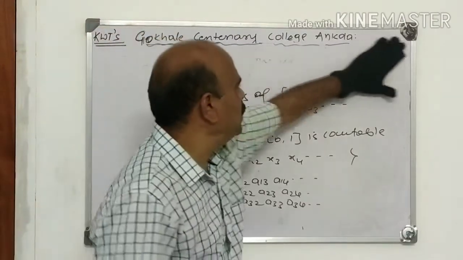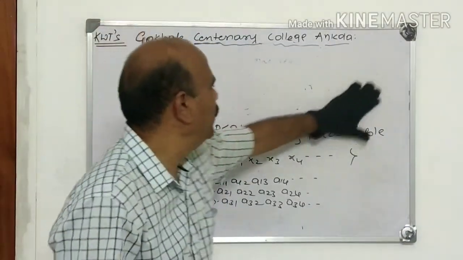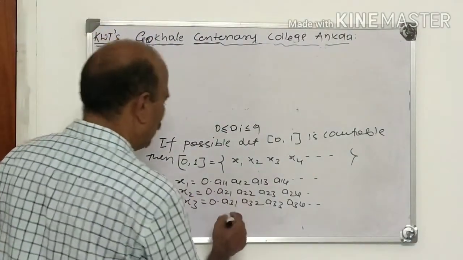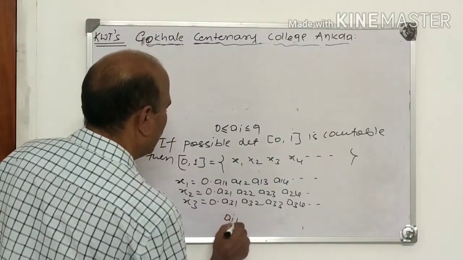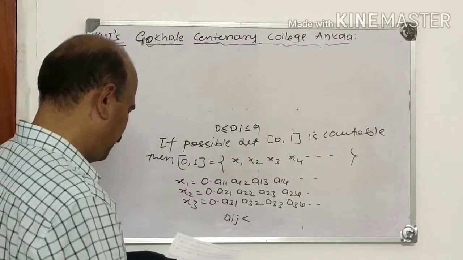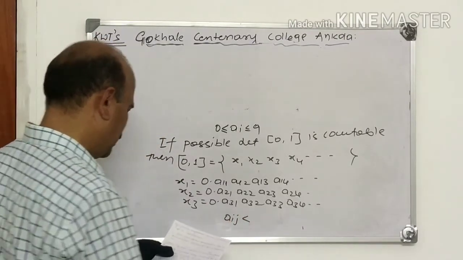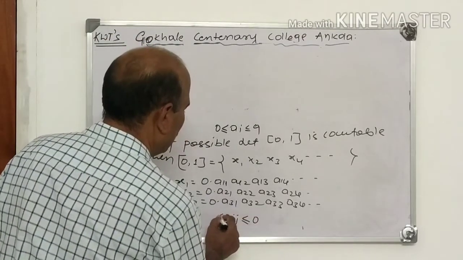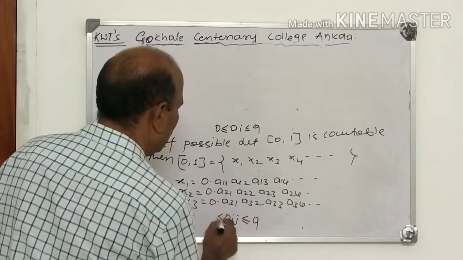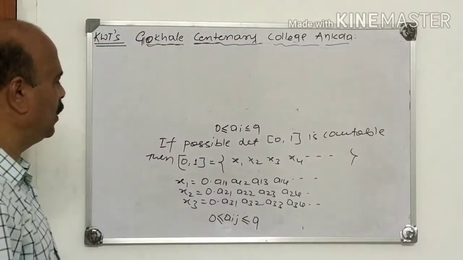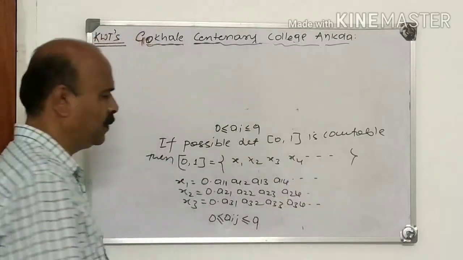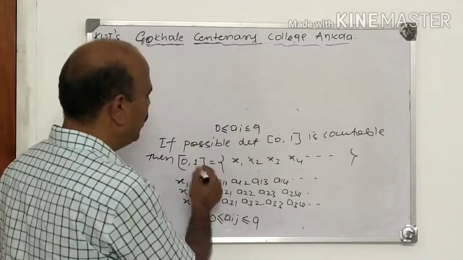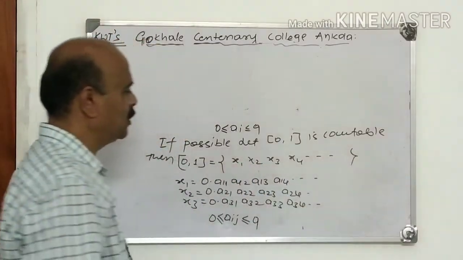See, we have assumed that 0 1 is countable and the elements of 0 1 are like this. What is each aij? aij is greater than or equal to 0, less than or equal to 9. Now this is our assumption: the set 0 1 is countable and the elements of 0 1 are only like this.